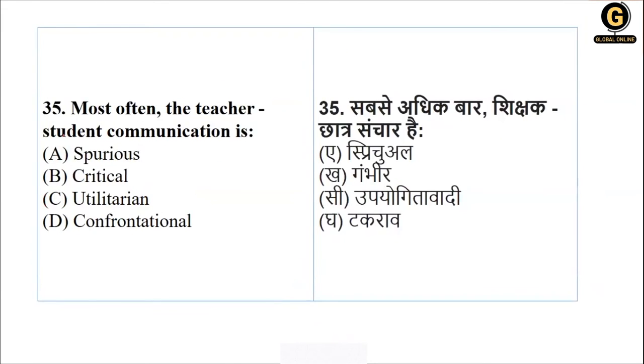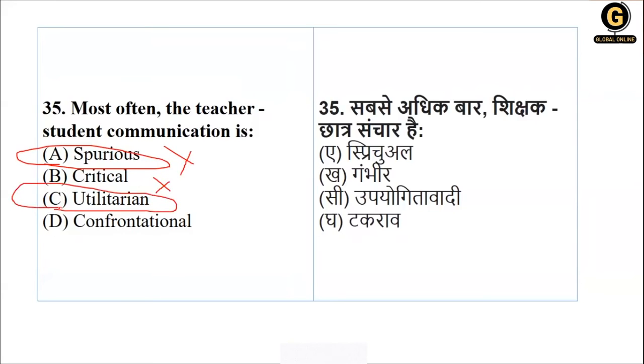Most often the teacher-student communication is what? The teacher-to-student communication is pluralist, critical, utilitarian, confrontational. So pluralist, इसका मतलब जिसको हम eliminate करते हैं. So it's not possible. Critical, no. Utilitarian and confrontational. Okay, it means the one which is utilized.